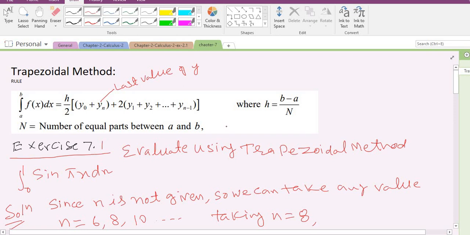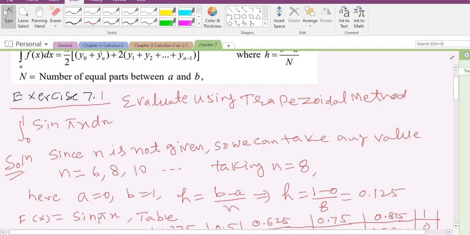But if you use n equal to 8, the value of the integration by using the method will give you a more accurate value. But it's up to you, because if you want to reduce your work, you can use n equal to 6, 8, 10, whatever. So I'm going to pick one example from exercise 7.1.